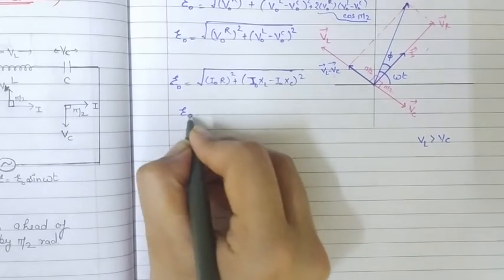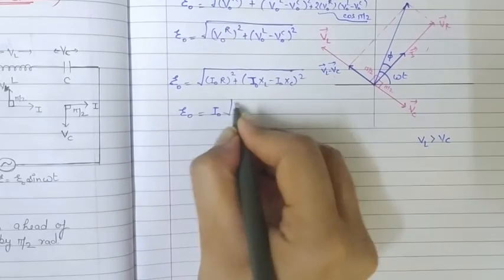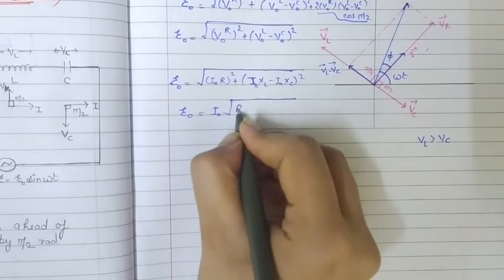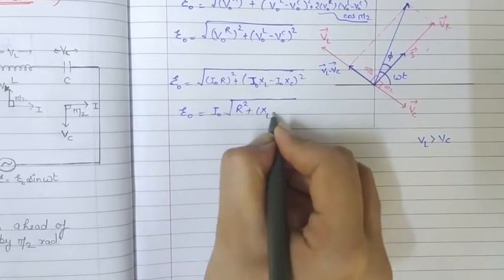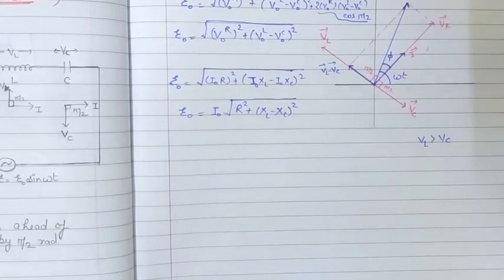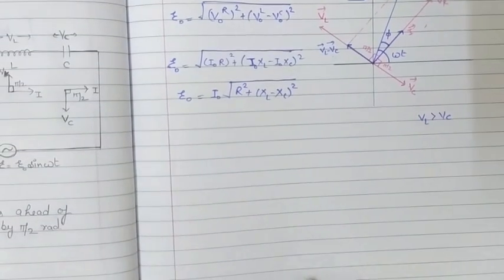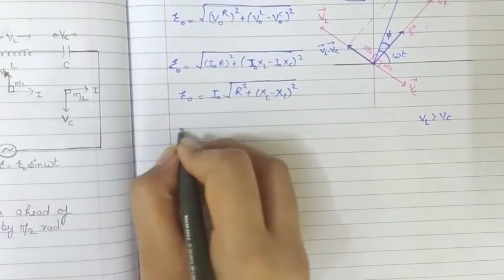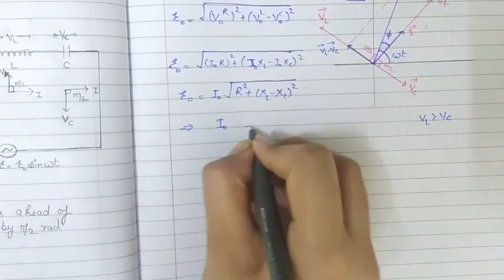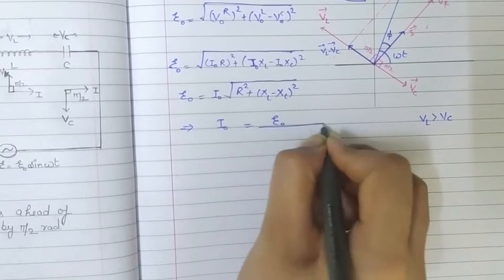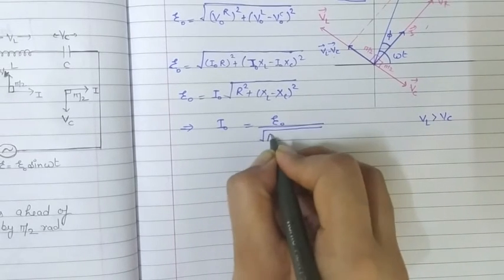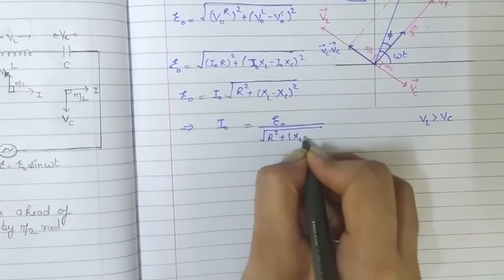So epsilon naught is equal to I naught under root R square plus XL minus XC whole square, which implies the current I naught is epsilon naught upon under root R square plus XL minus XC whole square.